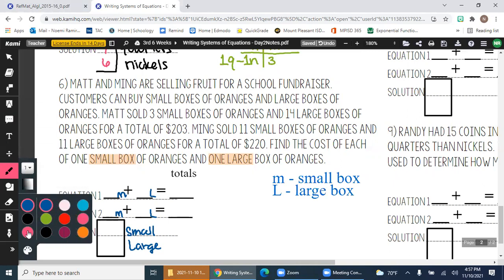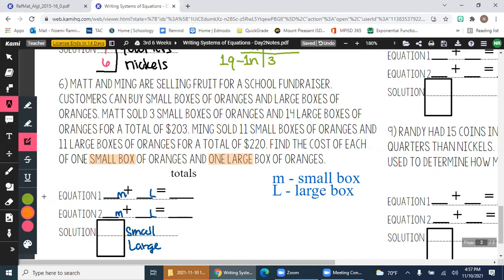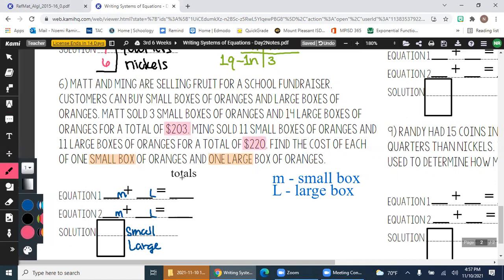And we find our totals. Now our totals here for this one is going to be, you read, you find the 203, you find the 220. Both of these represent a dollar amount, 203, 220. Remember, if it has a dollar amount, that means the numbers are there. Find them.